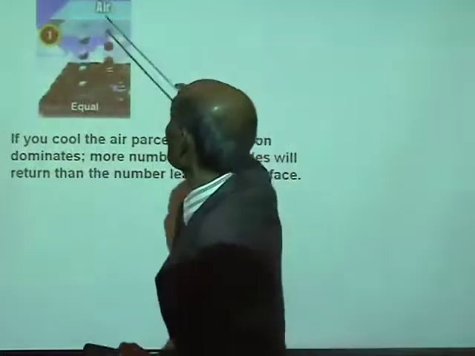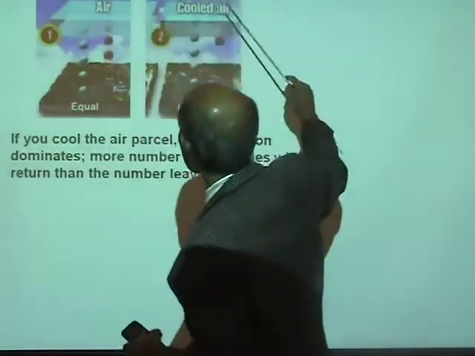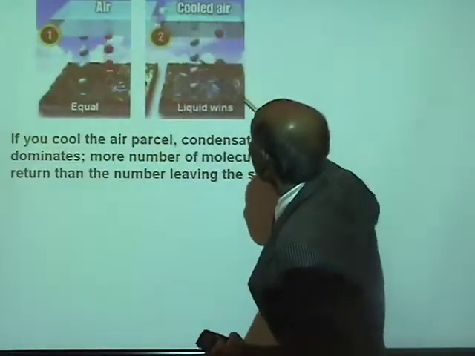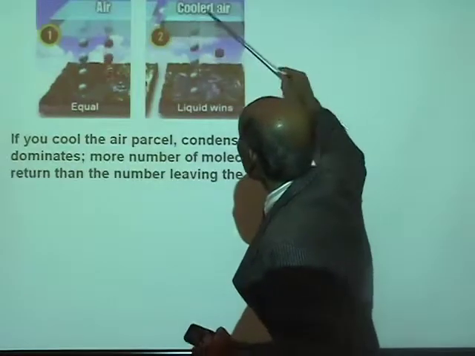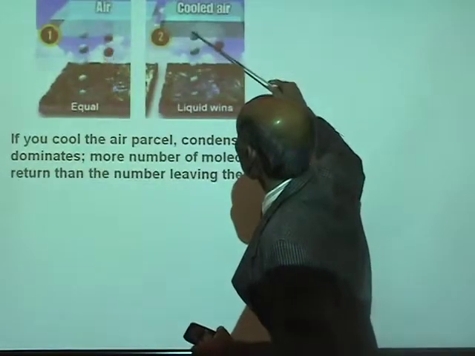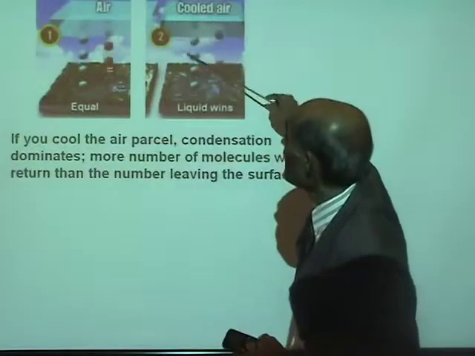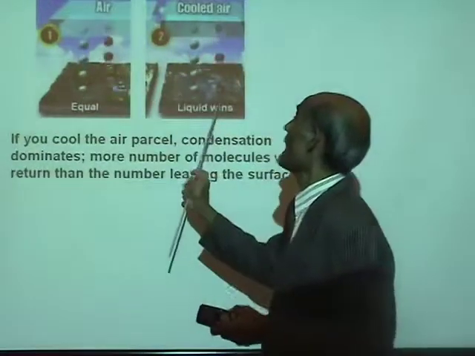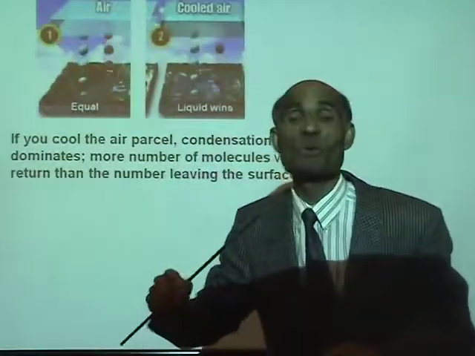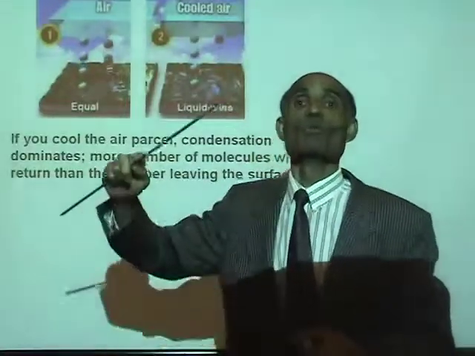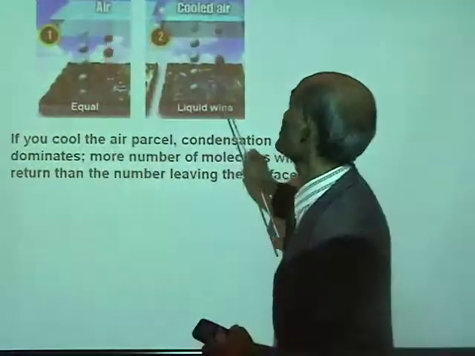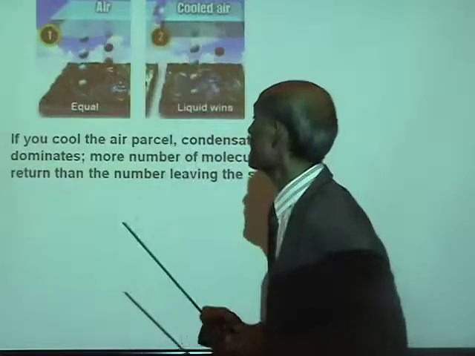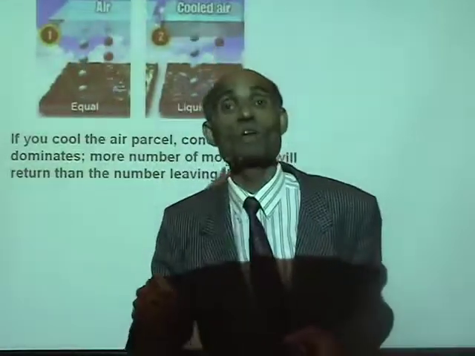In other words, there you are. When the parcel of air is cooled down, more vapor molecules will come back to liquid, and only very few liquid molecules will go to vapor. That means when the air is cooled, the condensation will dominate.